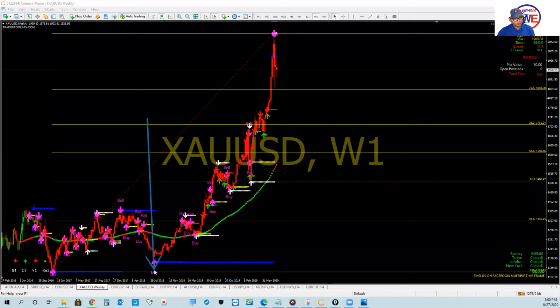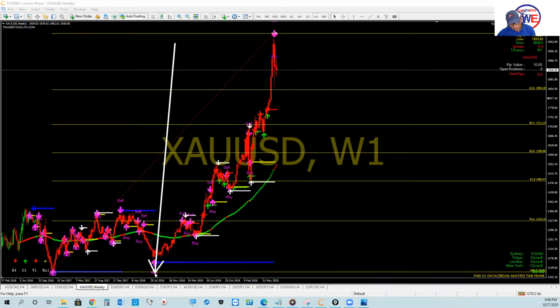Look at here. July 29, 2018. Let me change this to white. Look at here. Market been bullish since July 29, 2018. So we are on August, basically September, right?